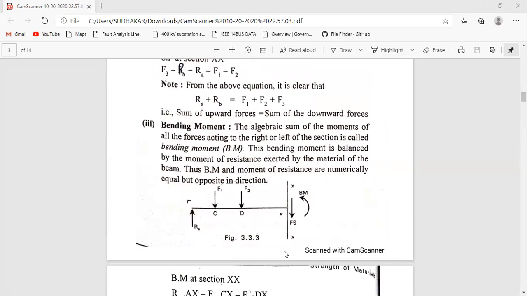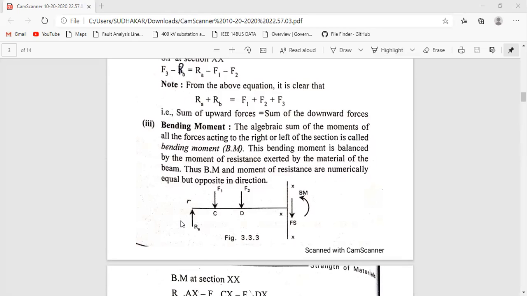In the case of bending moment, it will look like this. Suppose we have a beam here, and at a particular point the external forces will be acting. Moment is force into perpendicular distance. So this force will cause a bending moment over a point x, or a section xx.